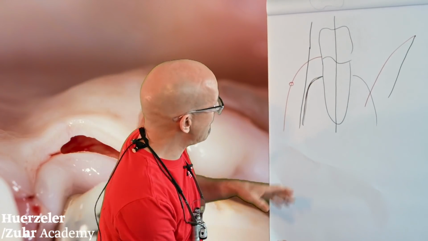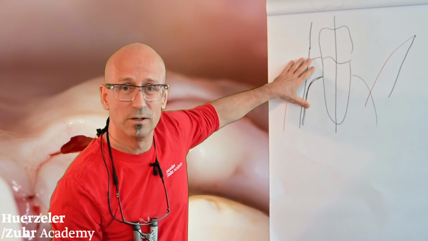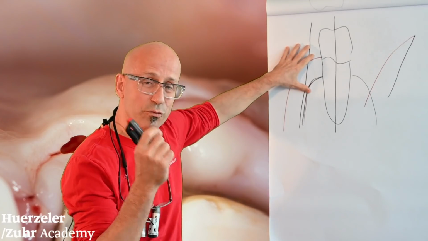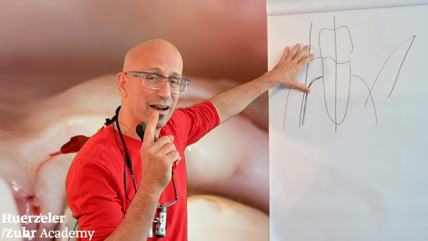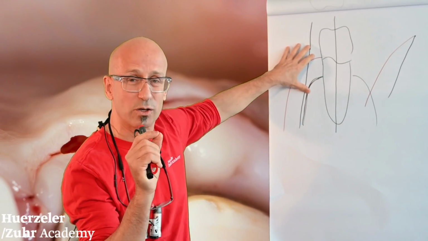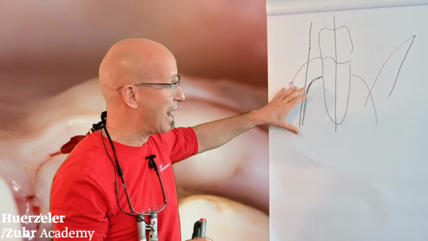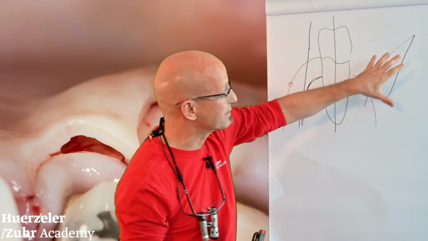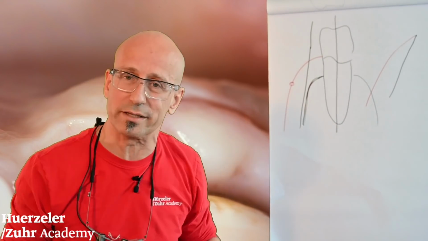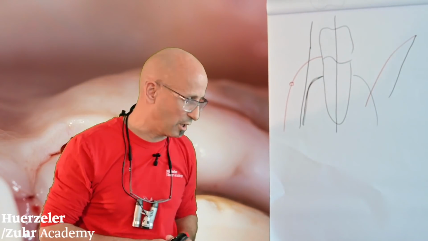So this is the flap you create when you design your first incision parallel to the tooth axis. I call this the outline of the flap. And if you do this parallel to the tooth axis, you create exactly this design. Now, let's have a look at this design. What is now the problem?